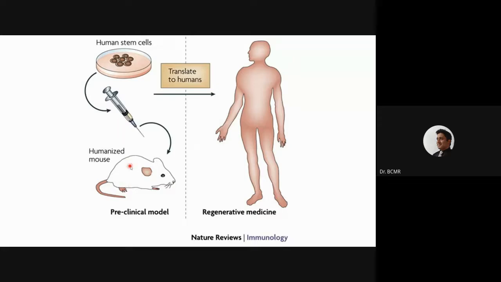And once we know that there are no ill effects, and probably there are desired effects, then we can try it in real clinical trials on humans, right? And probably also onto the patients as well. So that's why humanized mice are kind of a translator between the preclinical and the clinical side.